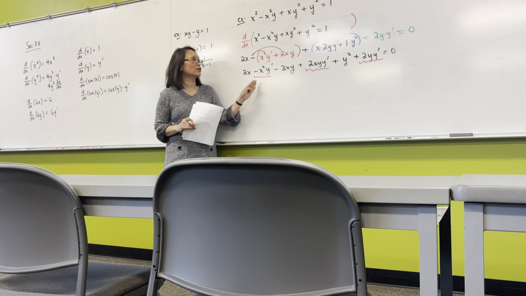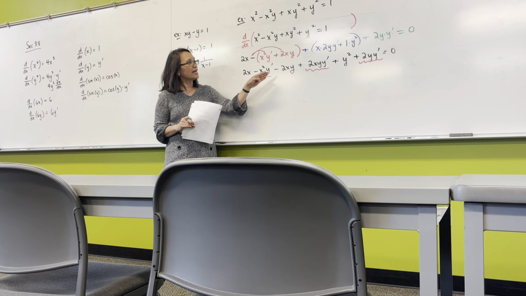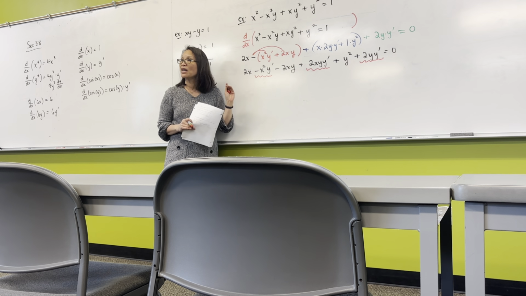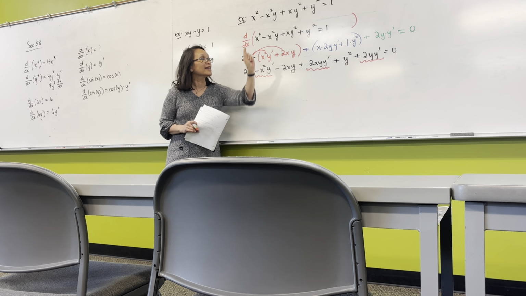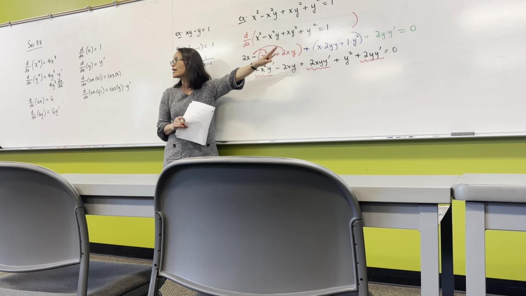Because if you can collect all the terms with a y prime on the same side of the equal sign, then you can factor out that y prime and divide. Okay, that's how you're going to get your y prime by itself. So everything I've underlined in red has a y prime in it, and the other things don't have a y prime in it. So I'm going to move those other things and subtract them over to the right hand side. Is everyone okay with that?